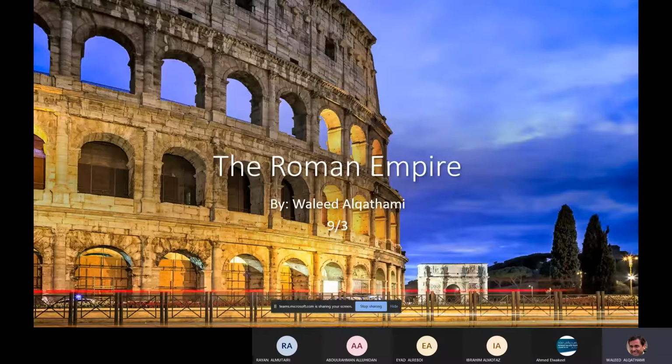Do you see the project loading? Right now I can see it. For me, it is still loading, a black screen. Now we can see it.